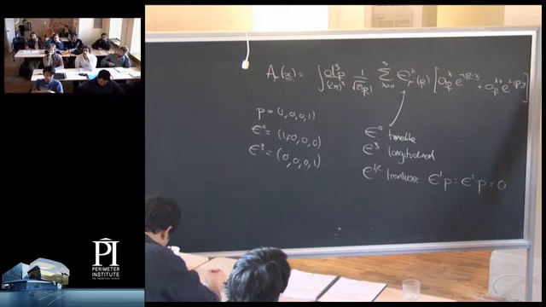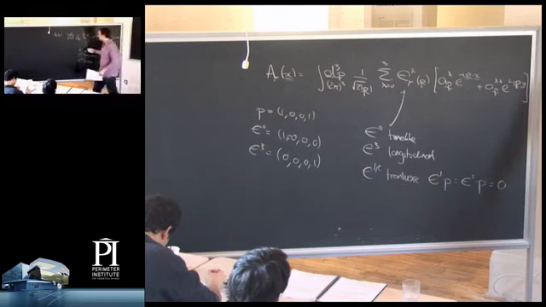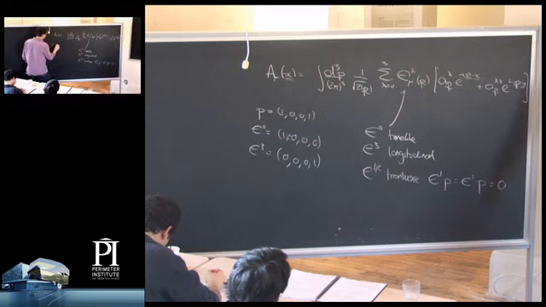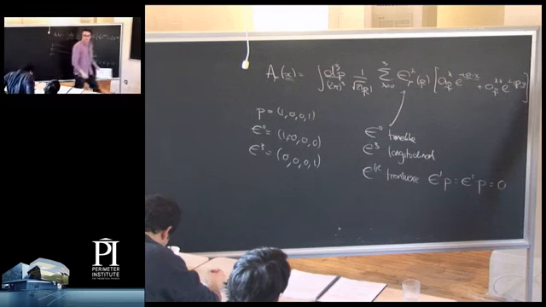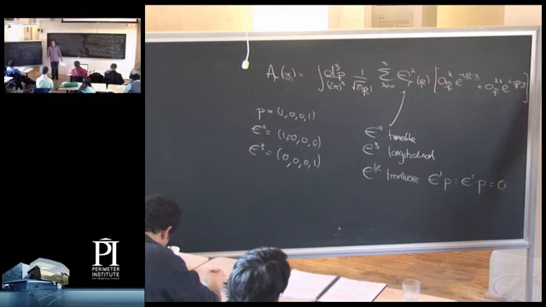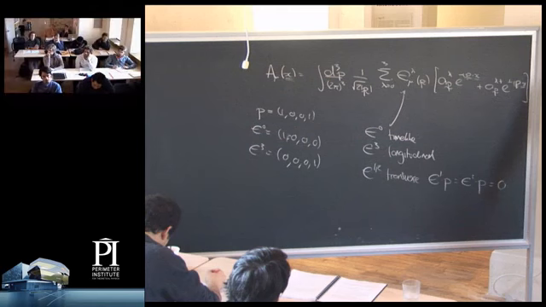So for example, if P is 1, 0, 0, 1, then epsilon 0 is 1, 0, 0, 0, and epsilon 3 is this. So there's just factors of 1. Is that the question? Yeah. And the epsilon 1 and the epsilon 2 don't give any contribution because of this.